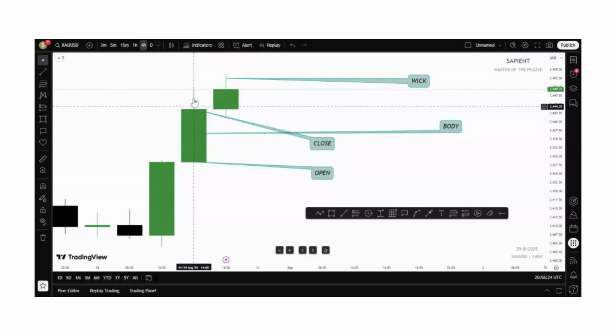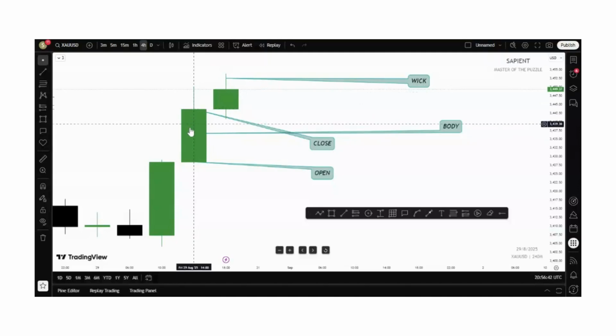If there were no wick, we would not know that price had been to that level before. We would just know that price closed at 3,443. So that is the use of the wick.